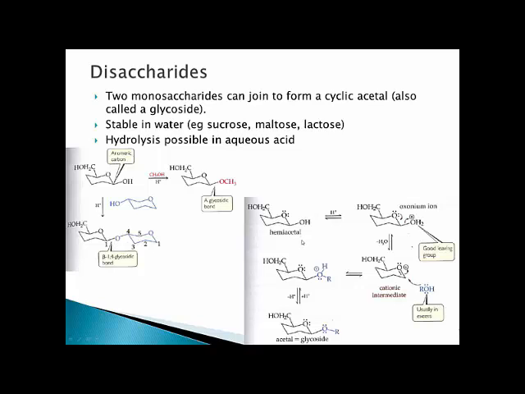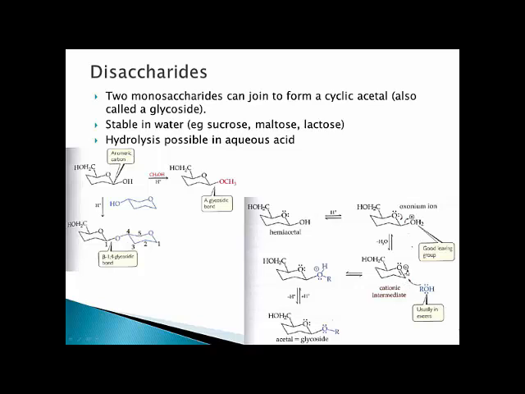So how do these glycosidic bonds form? Let's have a look at the mechanism. We've got our hemiacetal that we're starting with, in an acidic environment. We get the protonation of that OH to make the oxonium ion, which is a great leaving group. The lone pairs kick down and kick out that leaving group, and then the alcohol, which is usually in excess, reacts with that anomeric carbon.